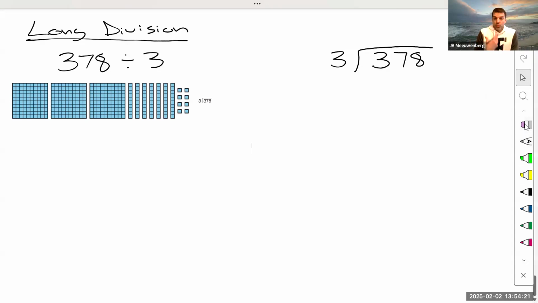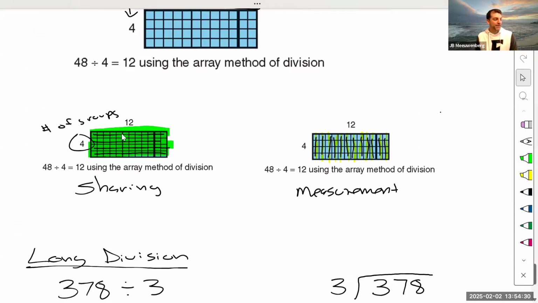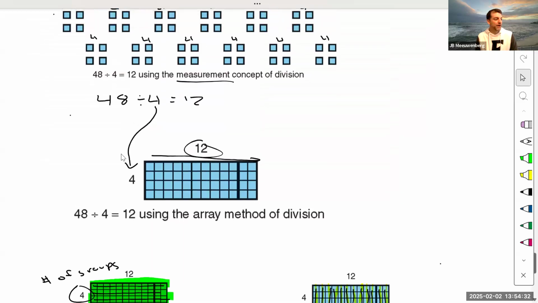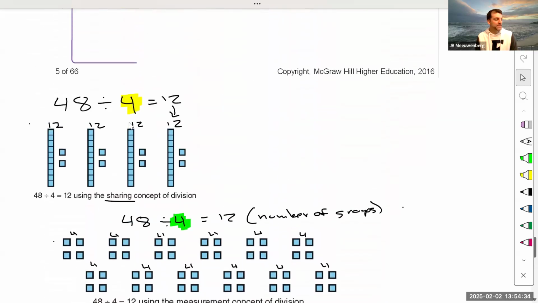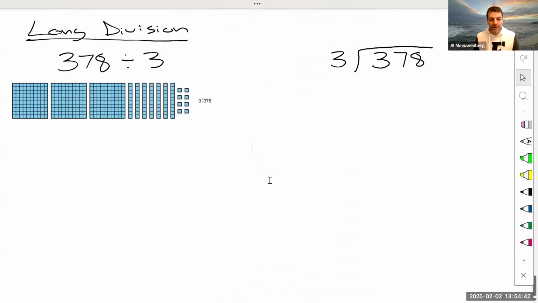And so what we're going to be using is the sharing method. All right, we're going to be thinking about it using this method, right? Where the divisor is telling us how many groups we're going to have. That's how we are going to be thinking about it when we use this division algorithm.